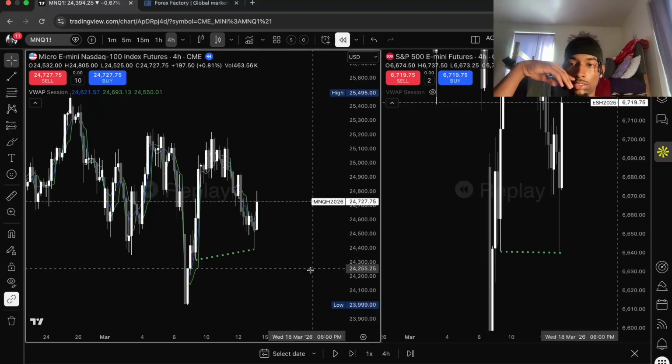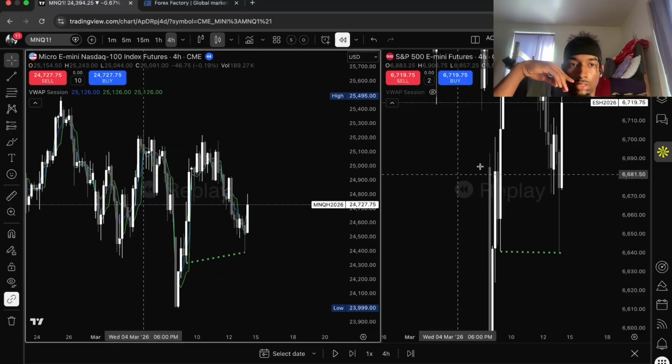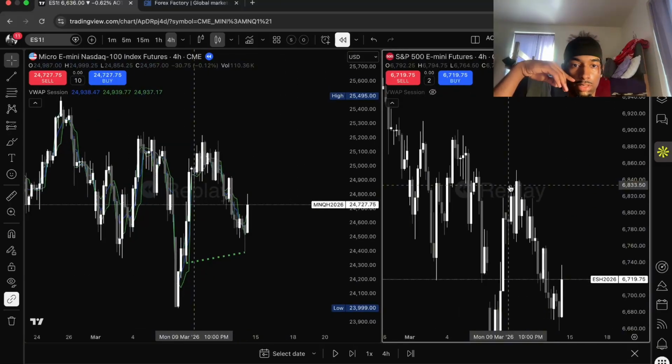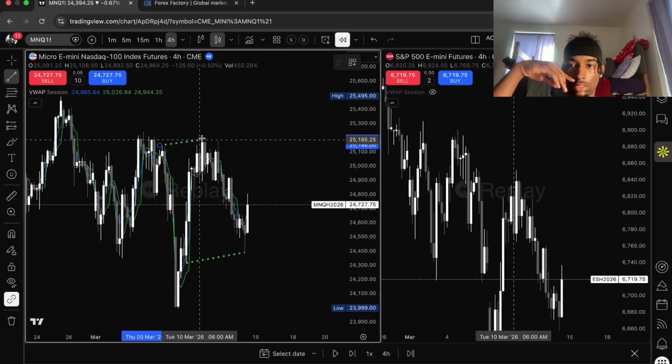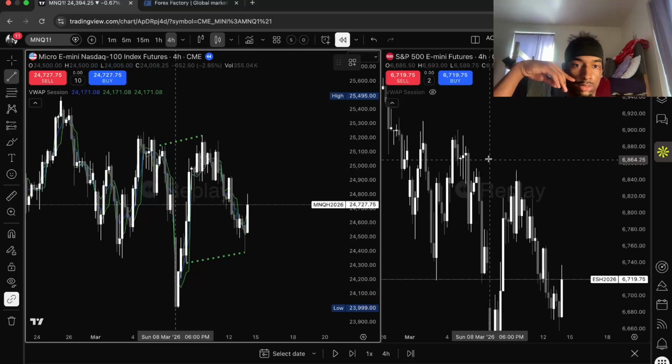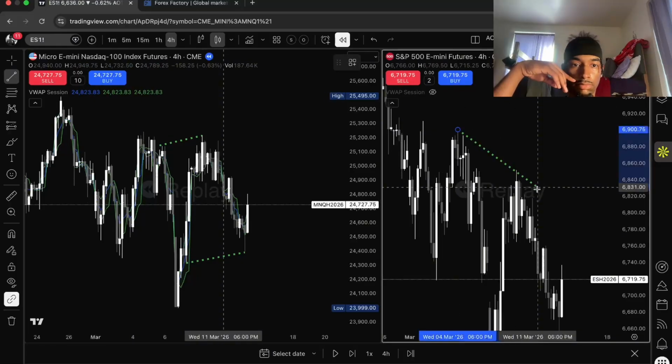But as we look at the overall trend, we're bearish, right? We put in this bearish SMT right here, and we continue to dump lower from that point.